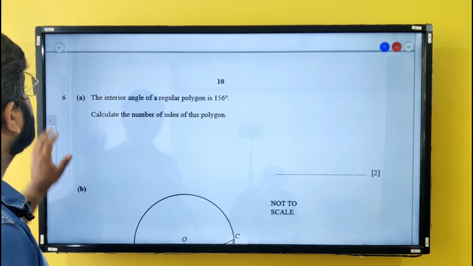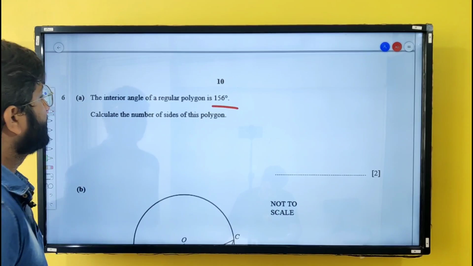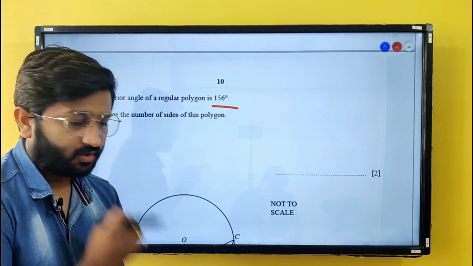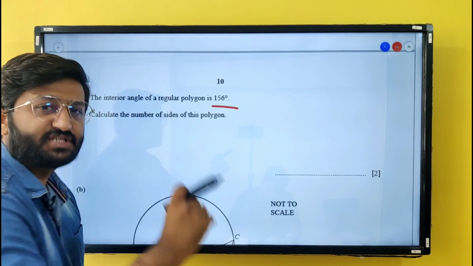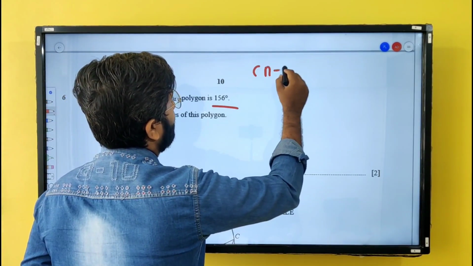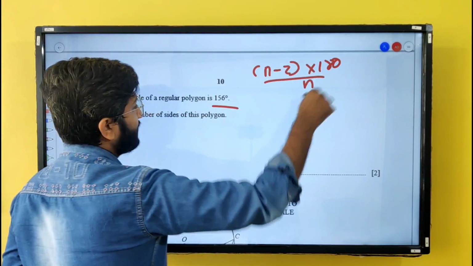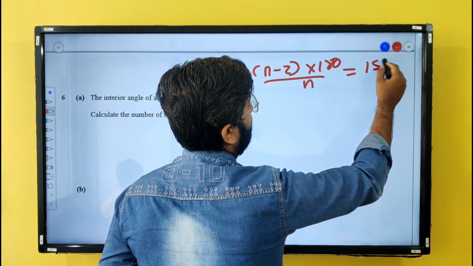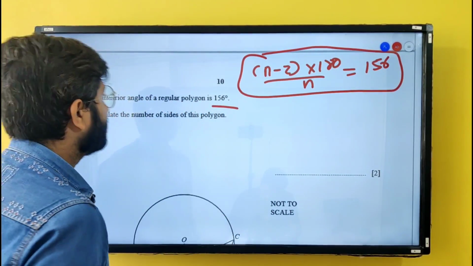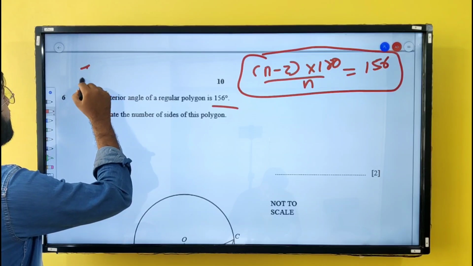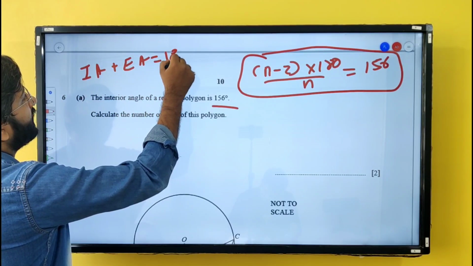Next, the interior angle of a regular polygon is 156. Find the number of sides of this polygon. Okay, so we know that each interior angle is given by the formula (n minus 2) into 180 upon n. Now this interior angle is 156. You can solve by this method, or you know that interior angle plus exterior angle adds up to 180.